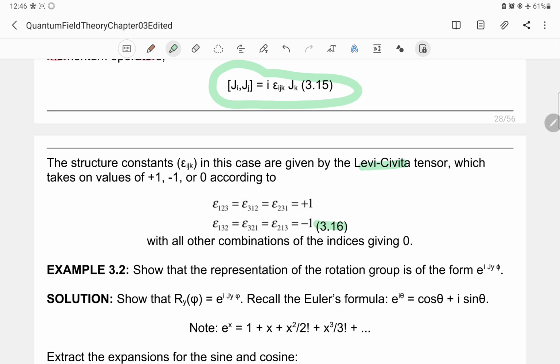So if you have a cyclic permutation of 1, 2, 3, then you will have values of +1, and for anti-cyclic permutations like 1, 3, 2, 3, 2, 1, 2, 1, 3, you have -1 as values, and other combinations with repeated indices are 0.